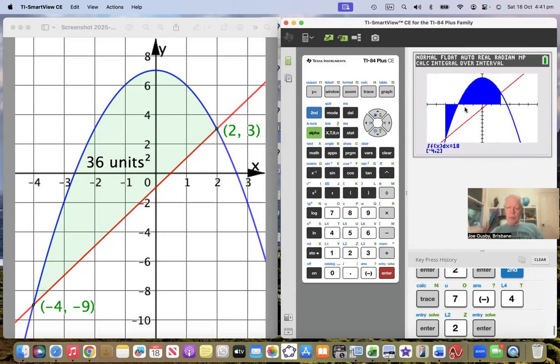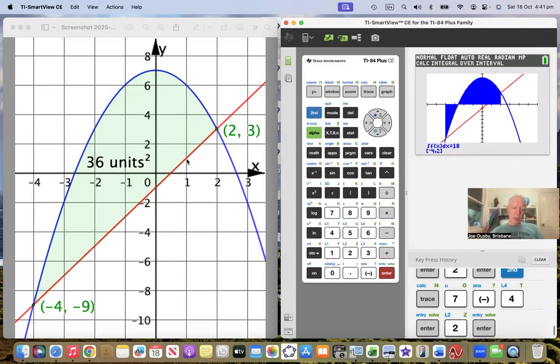What are you actually doing when you subtract the functions? Notice here at the point of intersection, the difference between the y values is 0.